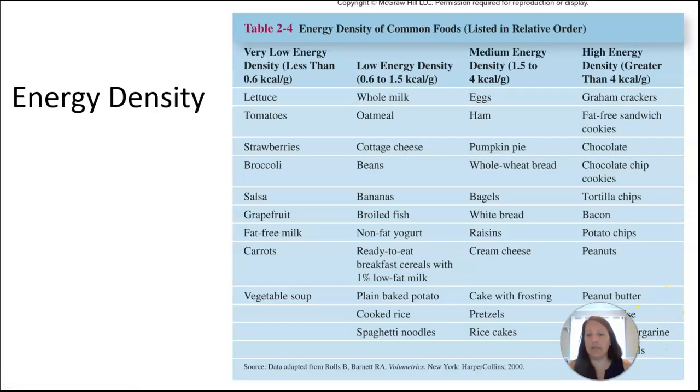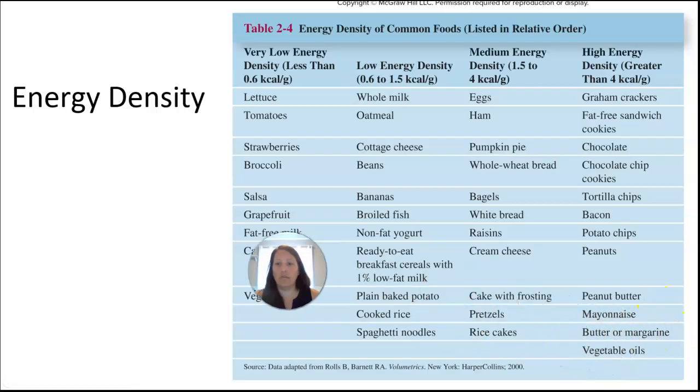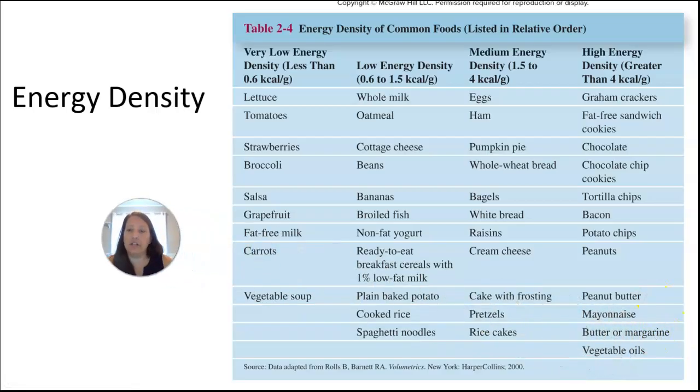Okay, here's some examples of low versus medium versus high energy dense foods. You can see low energy dense are things like lettuce, tomato, strawberries, broccoli, salsa, grapefruit, fat-free milk, fruits, vegetables. Those are very low. Then on low energy dense, you've got cottage cheese, beans, oatmeal, bananas, things like that.